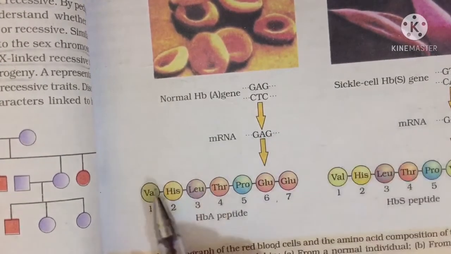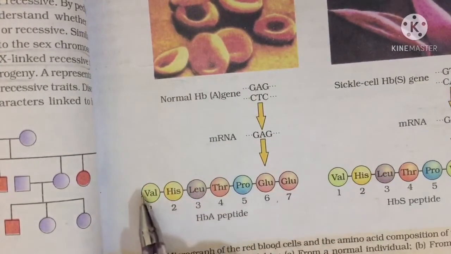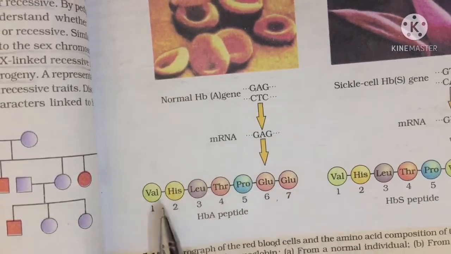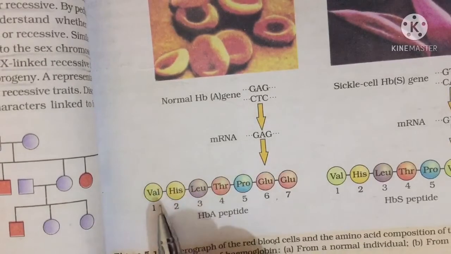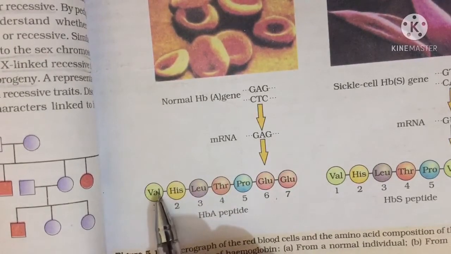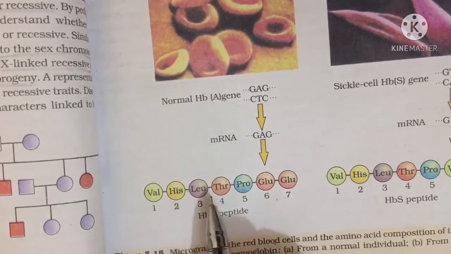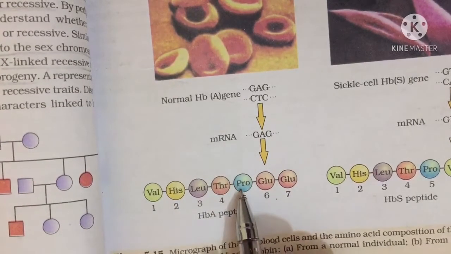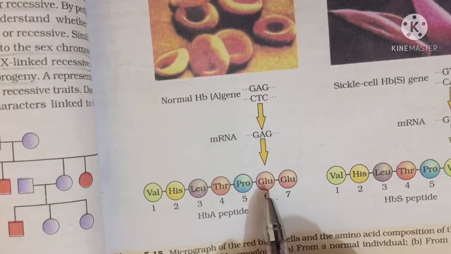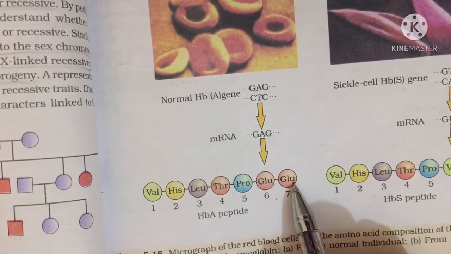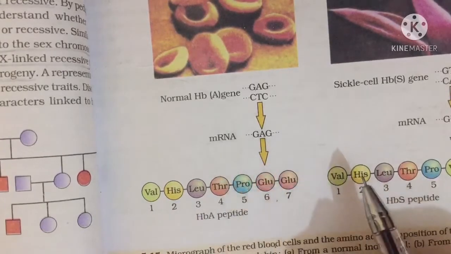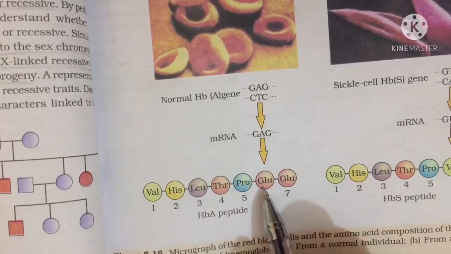Now this is the HBA peptide, the hemoglobin A beta globin chain, which has the first amino acid as valine, second histidine, third leucine, fourth threonine, fifth proline, sixth glutamic acid, seventh glutamic acid. They have given just 7 amino acids because the 6th position is altered.